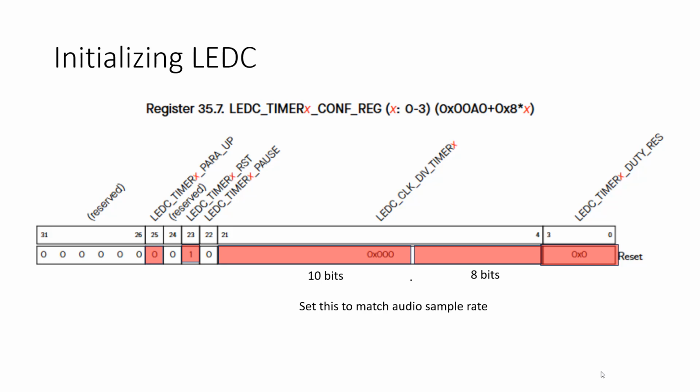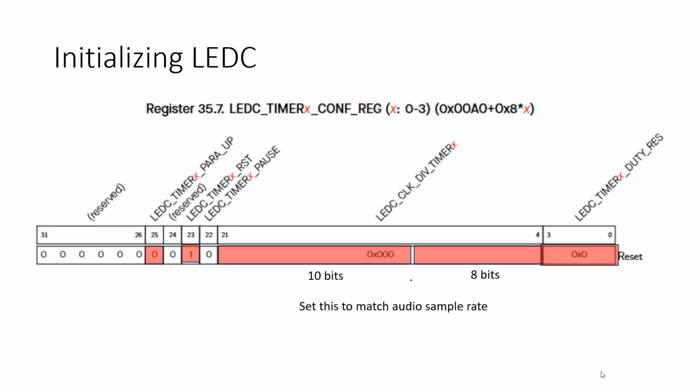So there's a register here called LEDC timer X. Again, X. They're using X now. So we're going to use 0 for X. We're using timer 0. Okay, so this one's pretty important because this one is what is controlling the period of your PWM.